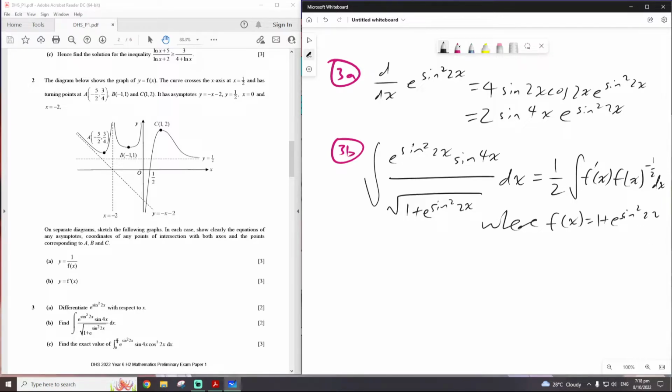So it's an f prime x, f x power n kind of integral, which is just f of x to the power of half divided by half, which cancels out with the half on the outside. So you're just going to get f of x itself, which is 1 plus e sine square 2x plus c, because the halves cancel out. All right.